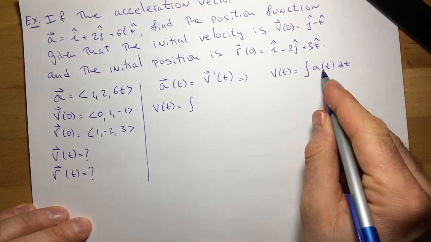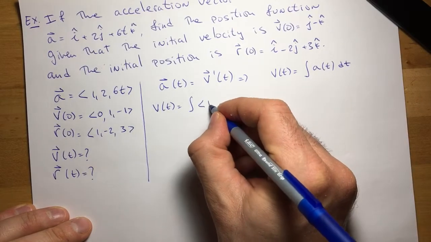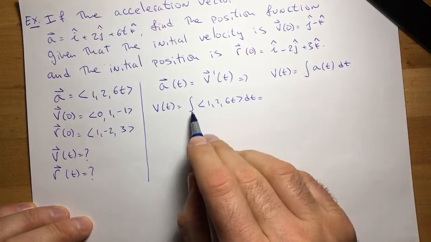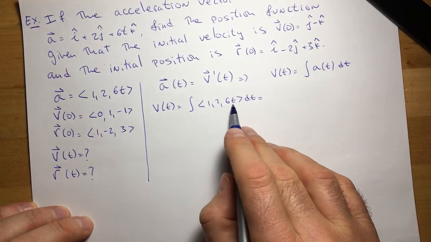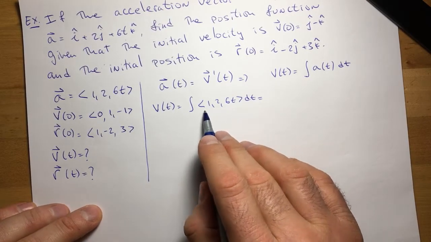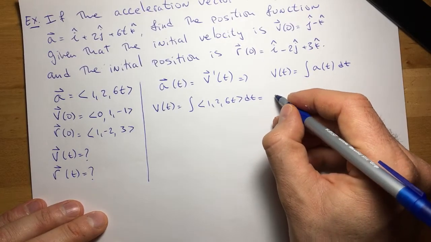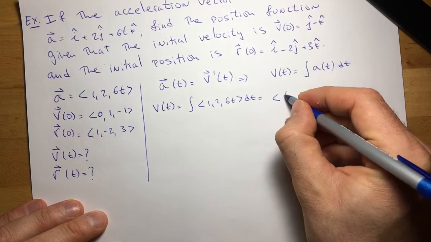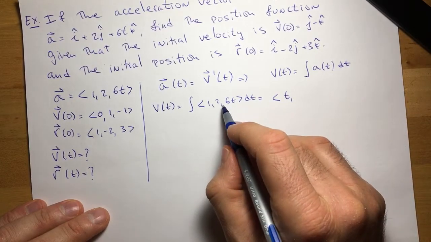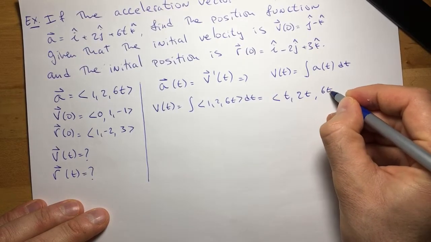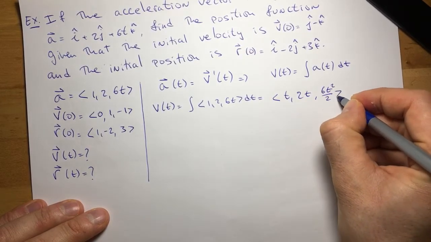Integral of this vector right here, ⟨1, 2, 6t⟩ dt, and we said that the integral of a vector function is just the integrals of the components of these vector functions. So the integral of 1 is t, the integral of 2 is 2t, and the integral of 6t is 6t squared over 2.